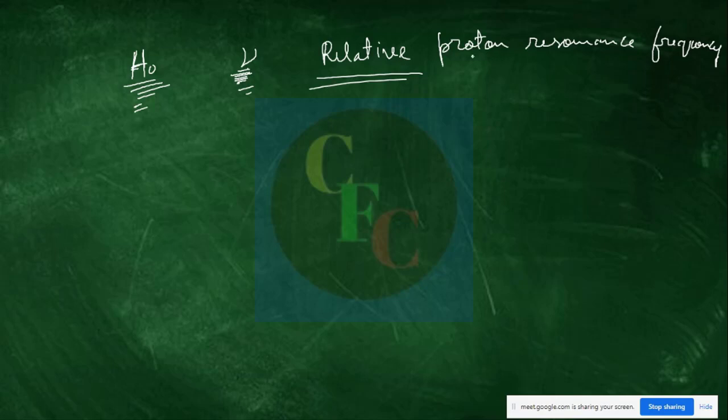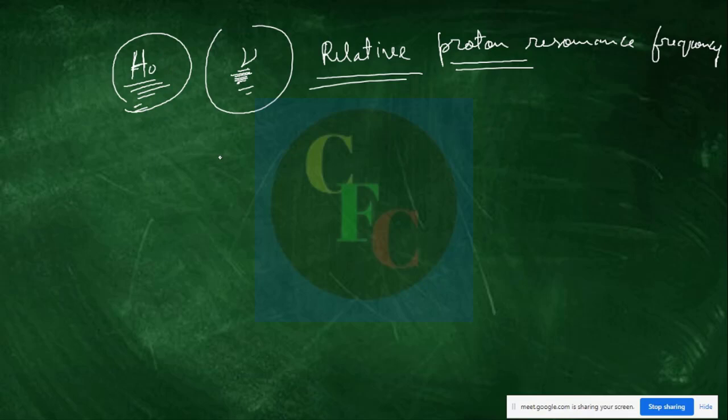So that's why we overcome this difficulty of accurately measuring nu or H0 by using a standard. In most cases we use TMS, that is tetramethyl silane.